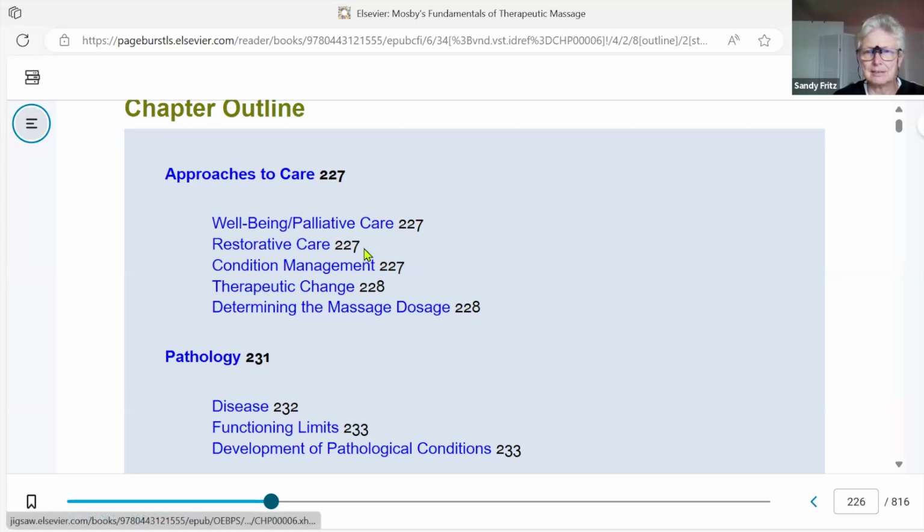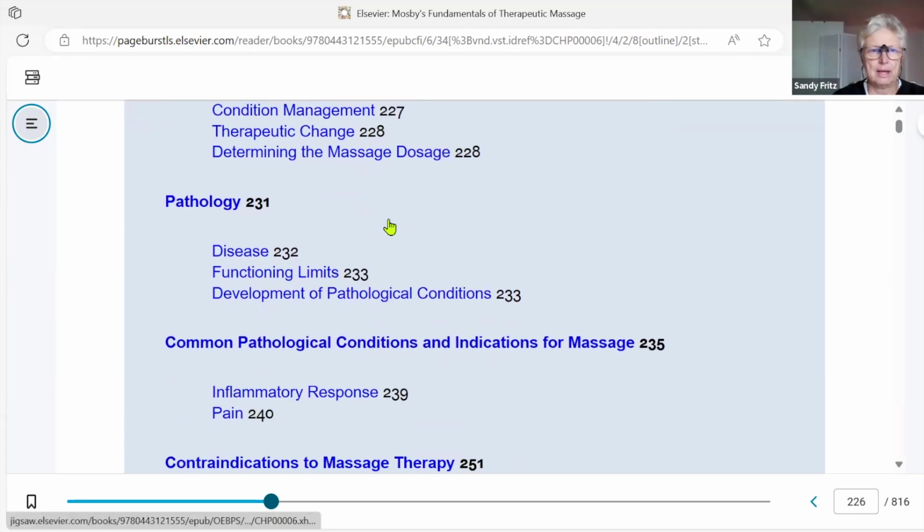Massage is not necessarily the main focus of what we do, but we can be part of a more integrated multidisciplinary team. And then this idea is, what is the dosage? How often, how frequently, how long, all of that.